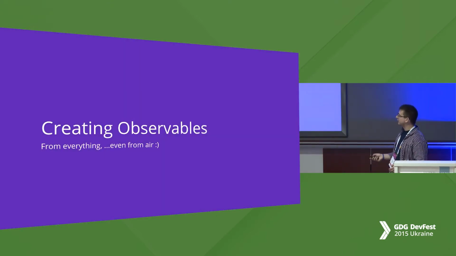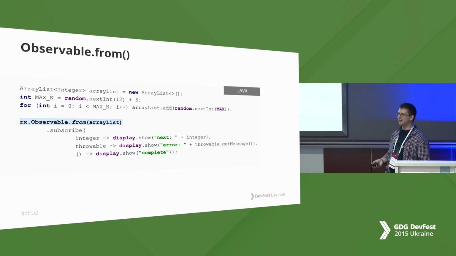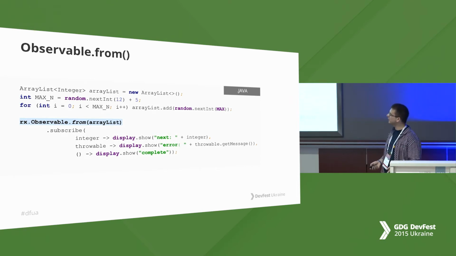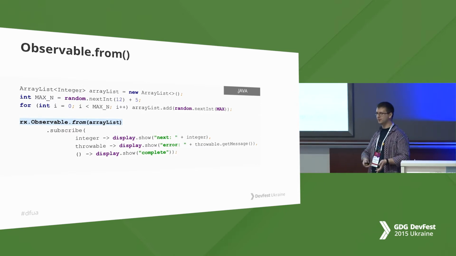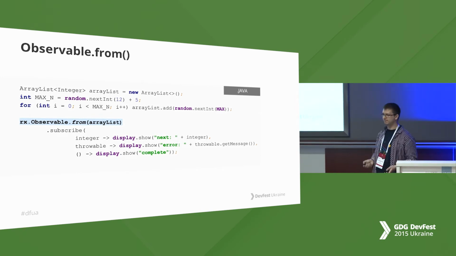Creating observables, even from air. Yes, RxJava gives us great freedom in creating things. Really, we can use collections. Remember, collections are static and streams are dynamic, and also streams are functional. We can use observable from. It's very simple, it's great. Just take a collection, generate it somewhere, and just call from.